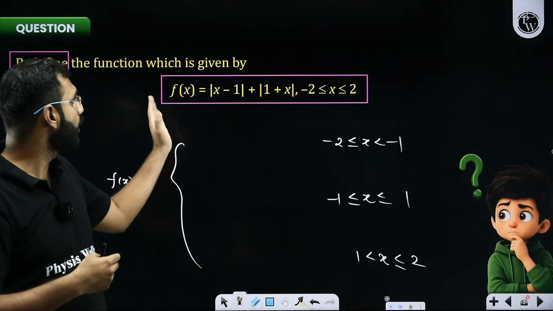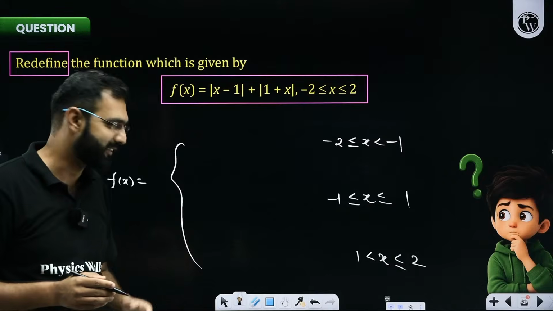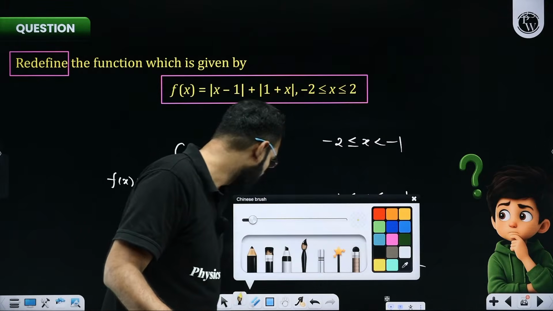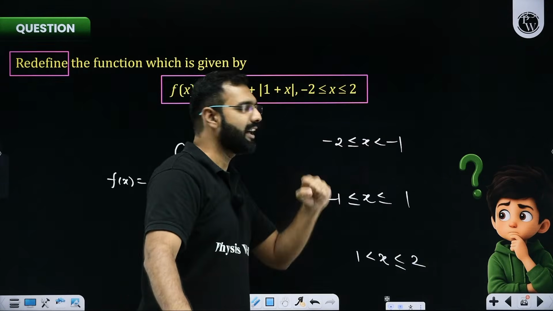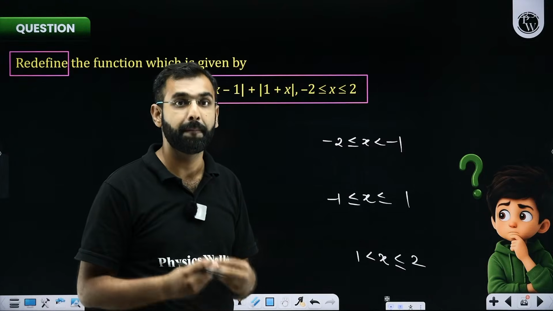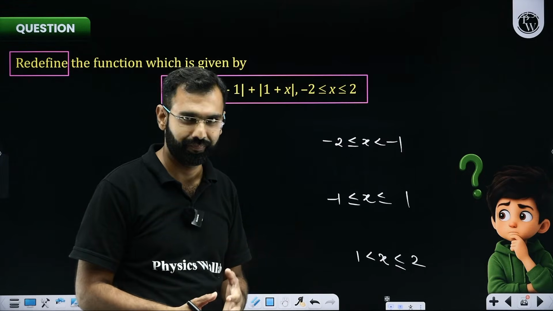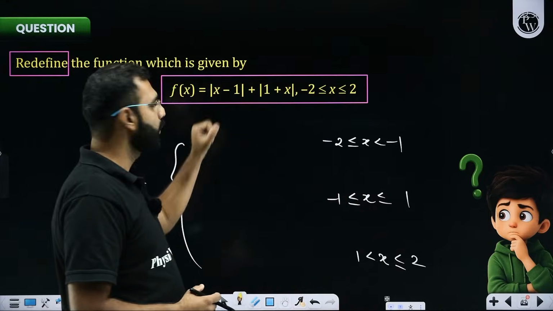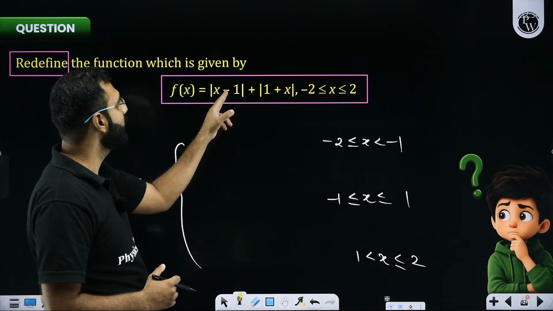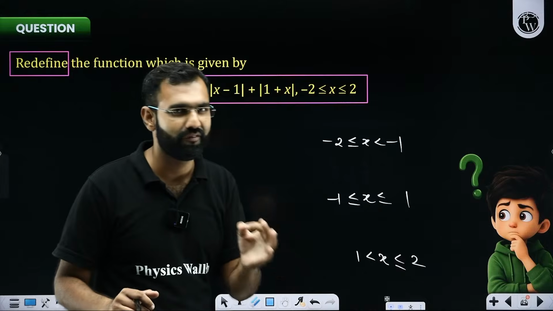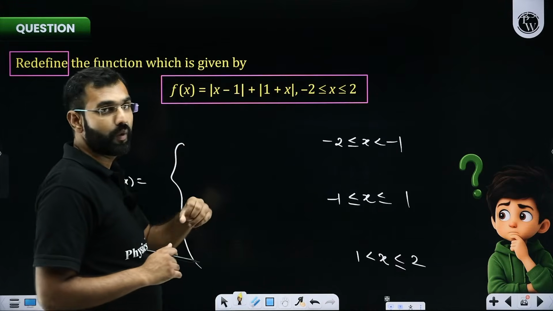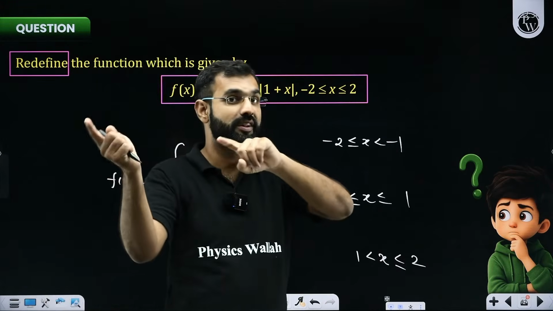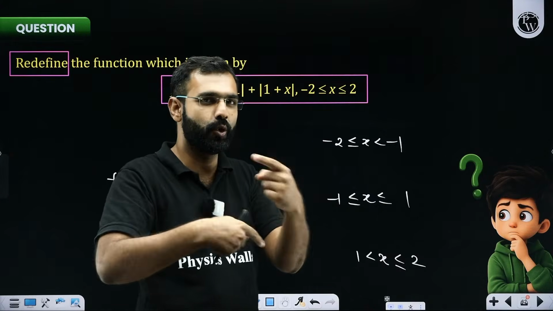Now, sir, how will you get rid of this modulus sign? It's very easy. Trust me, it's really easy. You take any value between -2 and -1, let's say -1.5. I try -1.5 here. -1.5 - 1 is -2.5, which is negative. If a negative value is inside the modulus, it opens with the negative sign. Remember that concept of absolute value function we explored?